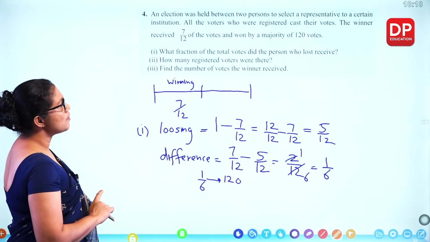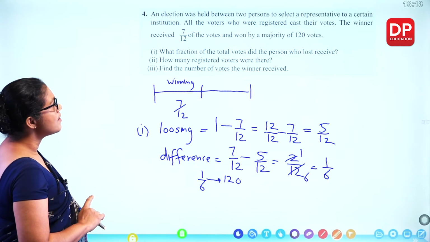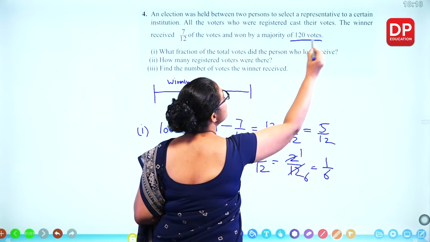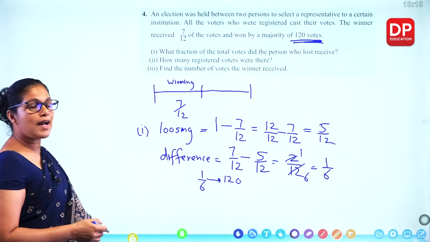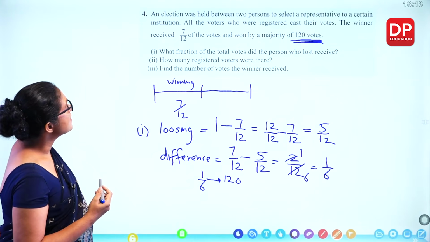How many registered voters were there? We haven't found the registered voters yet, but we know the difference is 120. From that we can find the total number of voters.